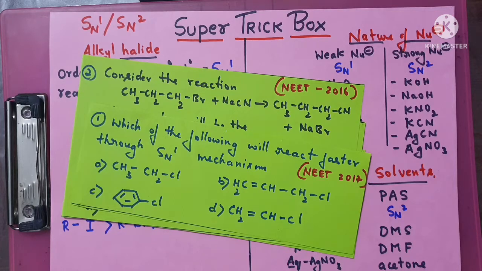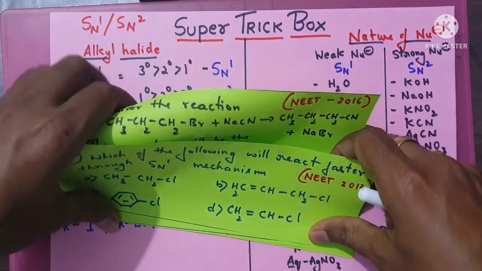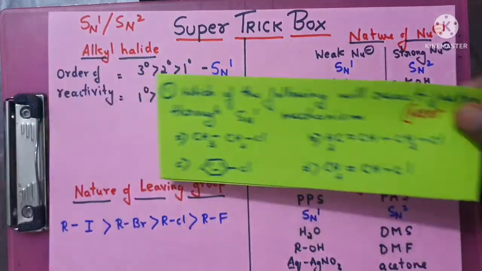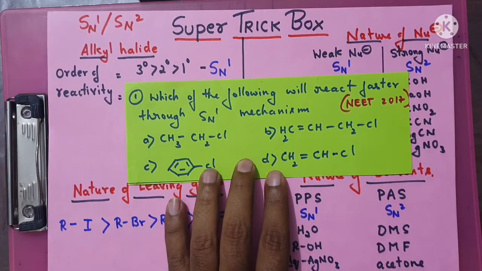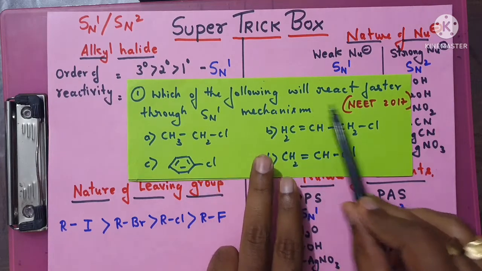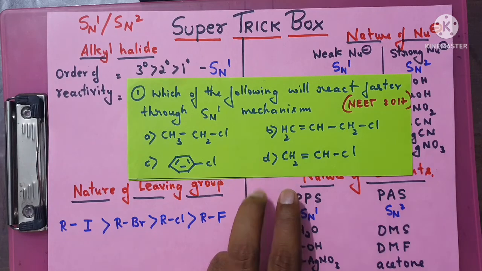Then let us start with the questions one by one and understand how to make use of this trick box. I'll pick the first question for all of you. In this first question, children, which of the following will react faster through SN1 mechanism?